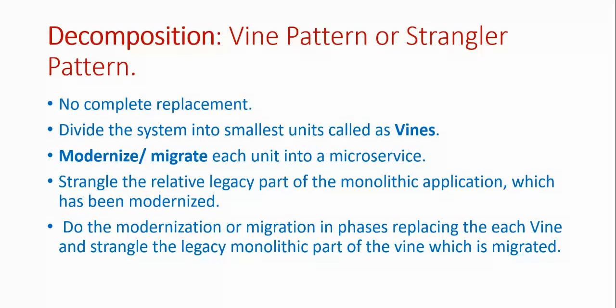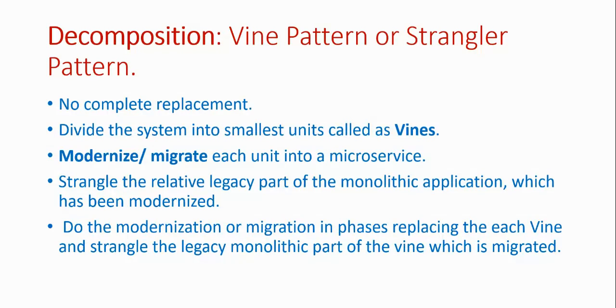To consolidate, the process will be like this. Here we are using the concept of domain-driven development to migrate a monolithic application to microservices. This domain-driven development internally uses the concept of the decomposition design pattern.